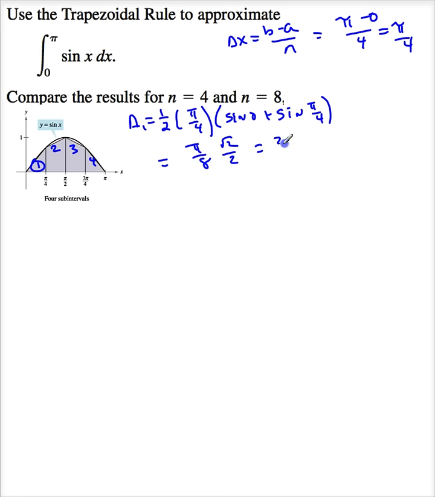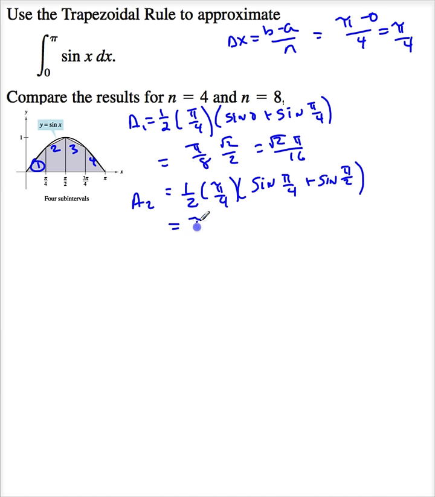So this is 2 square root of 2 pi over 16. Now let's look at A2. A2 is 1/2. My base is still pi over 4 times the sine of pi over 4 plus the sine of pi over 2.